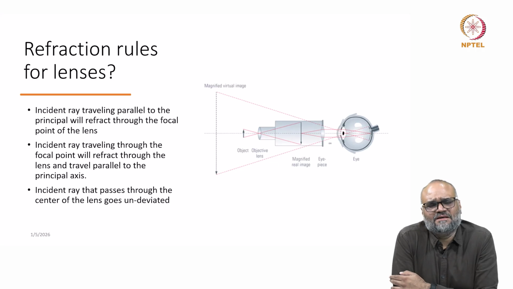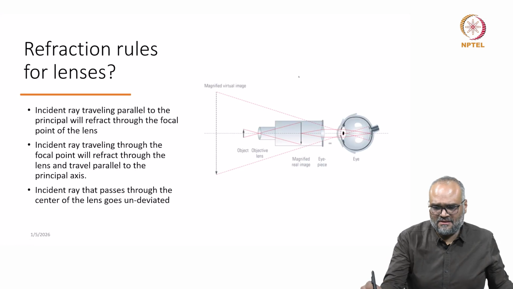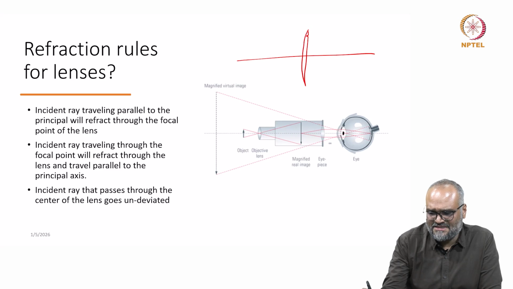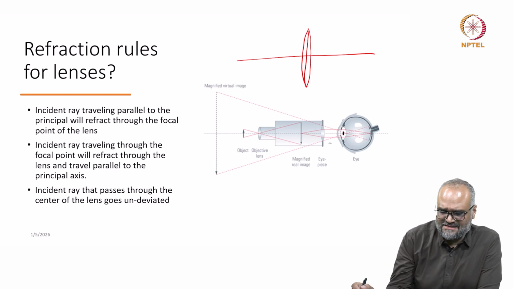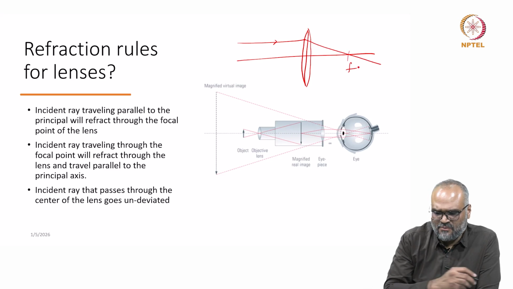So before I move further with understanding how the lens functions, let me draw your attention back to a simple ray diagram of a compound microscope and recollect the simple refraction rules for lenses. You know that when I have a convex lens in particular, any incident ray traveling parallel to the principal axis will refract and go through the focal point of the lens.